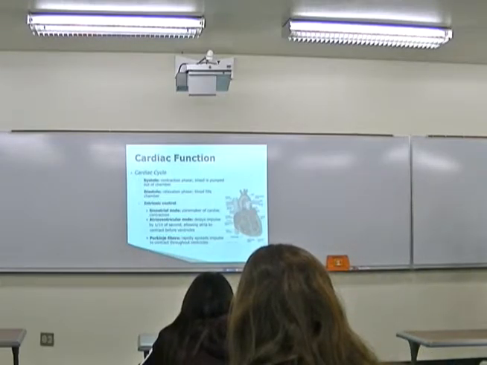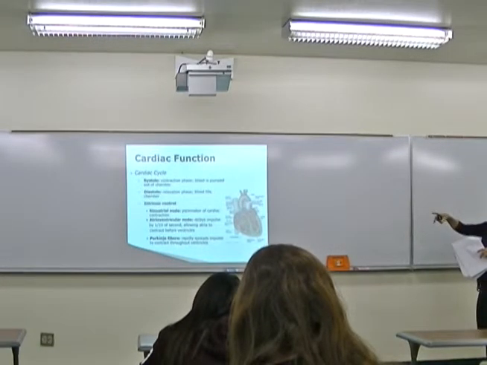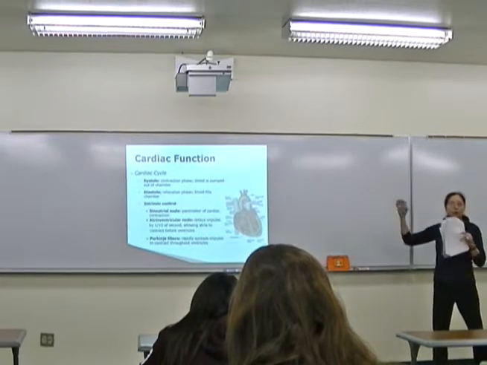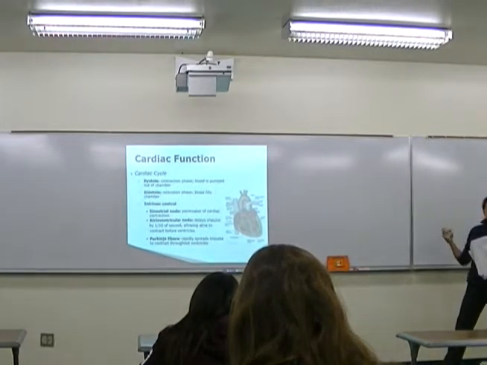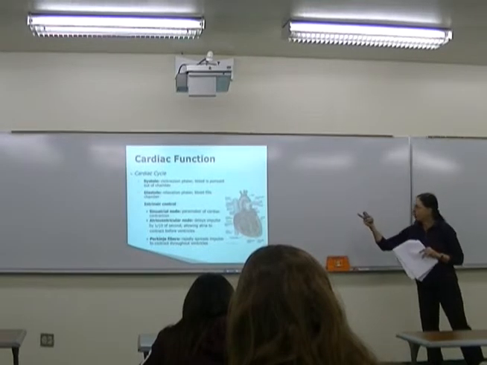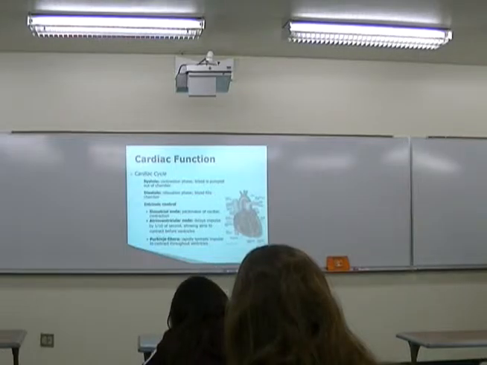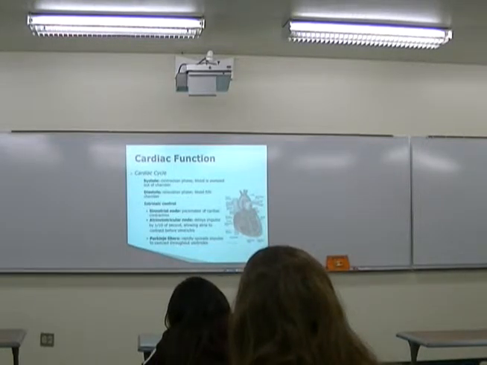So that high number, that 120-ish, is systolic blood pressure. And the lower number that we measure is the blood pressure during the relaxation phase, and that's diastole. So diastolic blood pressure is the lower number, the 80-ish.